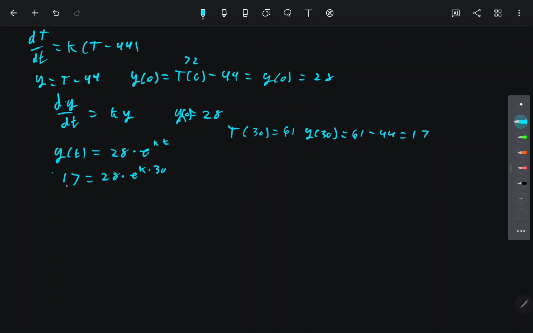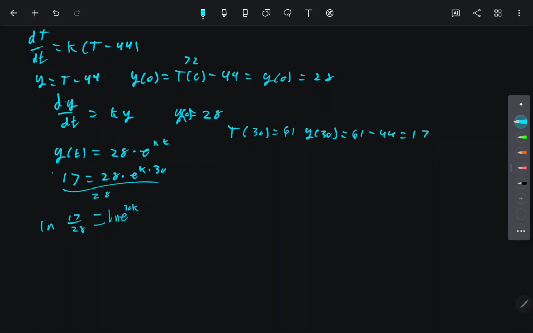Now we are going to divide both sides by 28. So we get 17 over 28 is equal to e to the 30k. Now we're going to take the natural log of both sides.